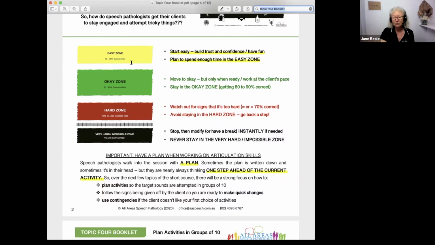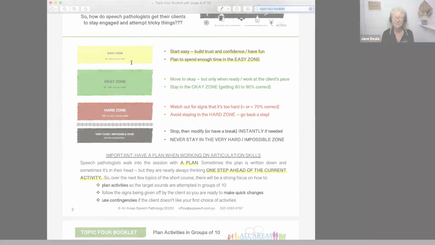If they don't have it written down, it'll just be in their head. The reason that we have a plan is because we've got to stay one step ahead. And that's what I want to teach you how to do in future topics. The way we're going to look at staying one step ahead is using these 3 strategies.